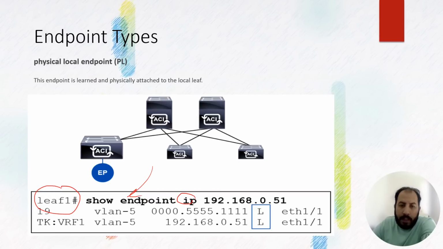It will show you the VLAN information, the MAC address along with the IP address. You can tell here that this endpoint's bridge domain has unicast routing enabled, and it has an IP address. And you can see there is an L here. L means it's local, and you can see the exit interface as well.